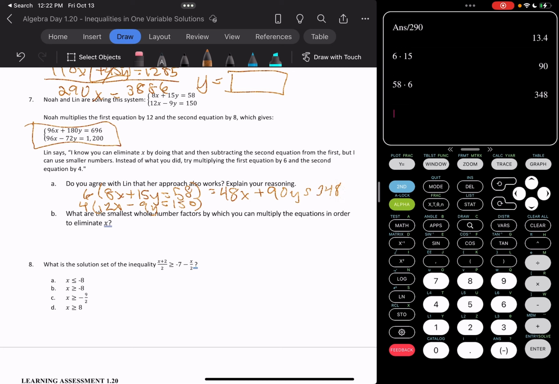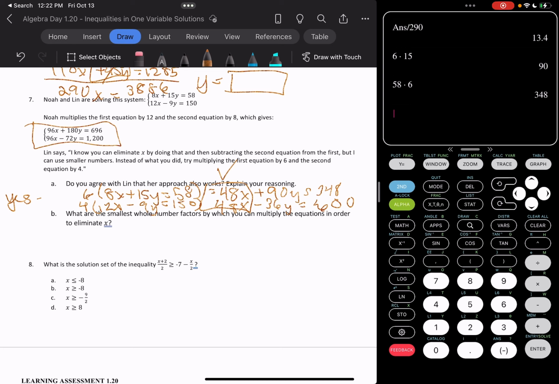And then the second equation, I get 48x. So already I see I have something in common here, which is nice. Minus 36y equals 600. Okay, so yes, because this creates a coefficient of 48 for my x terms.